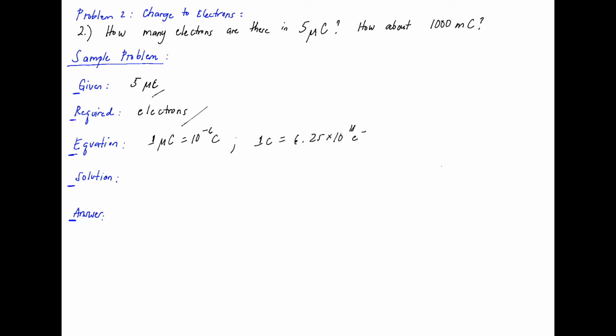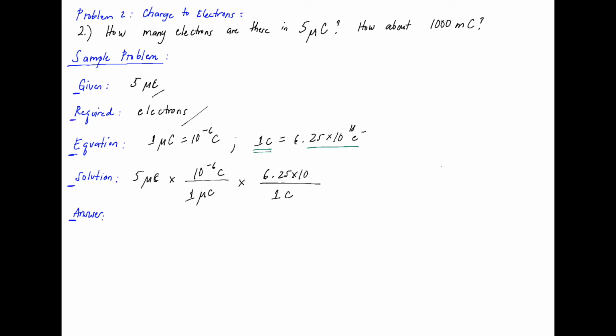First, we're going to write 5 microcoulomb multiplied to, so we have here 1 microcoulomb, and is 10 raised to negative 6 coulomb. Then since we're looking for the number of electrons, this 1 coulomb, I will write here at my denominator part so that I can cancel it. And then this 6.25 times 10 raised to 18, I will write it on the numerator part.